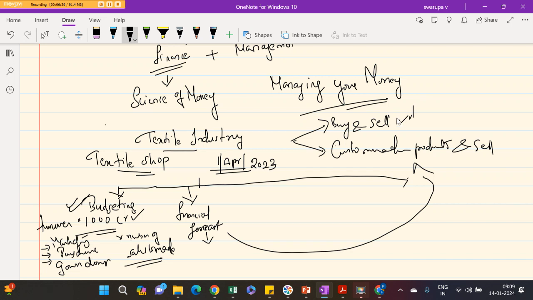That is, I am buying from a wholesaler, it is a trading activity, so I need more of working capital. Whereas if it is to customize the products and then sell it, I need a proper full manufacturing setup installed. So there will be rental expenses. I will need machinery installed. So these are all long term in nature. So long term expenses are there. Whereas in case of buying and selling, there is more of working capital requirement.